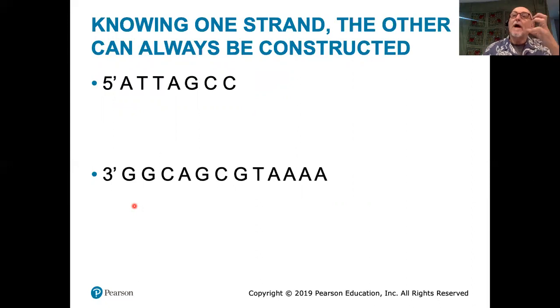So if I have one complete strand of DNA, I can always complete the matching strand very easily, simply by putting in the matching bases. So let's have a look at this one. And this is 5 prime ATTAGCC. What is this here?